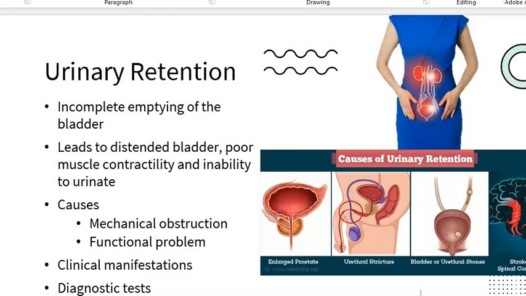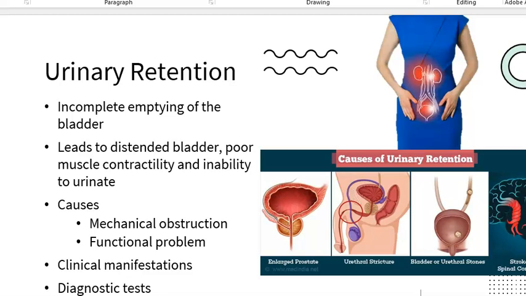Severe urinary retention causes backflow of urine into the ureters and or kidneys, which can lead to some impaired renal function. If you've ever heard of hydronephrosis, all that means is there is a backup of urine that's coming back up into the kidneys, and it can be very painful.